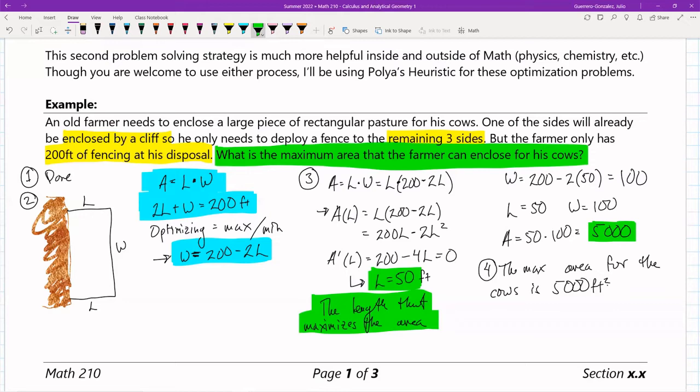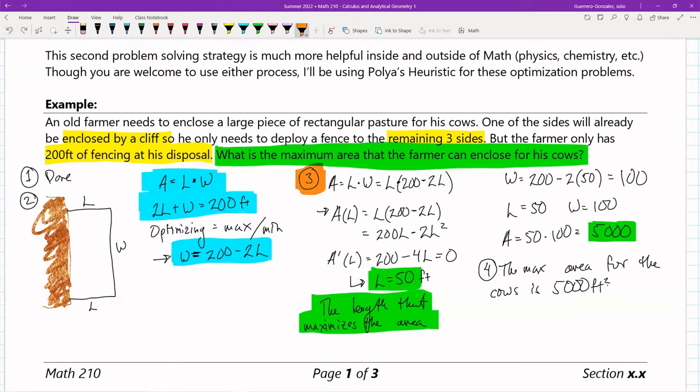So let's go ahead and take stock of what we did here. At the very beginning, we had to understand the problem, see what it was that it was asking us. Step two, we need to figure out a game plan. So from step two, we figured out that we needed to maximize that equation given this constraint.